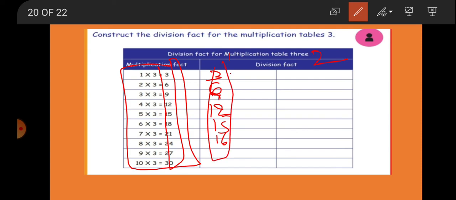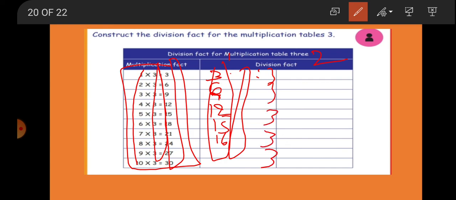After that, if you write 1, 2, 3 this side, you get 3 as the answer here. All answers will be 3. 3 divided by 1 is equal to 3, 6 divided by 2 is equal to 3, 9 divided by 3 is equal to 3, like that.